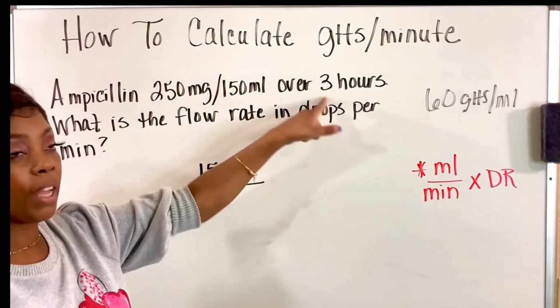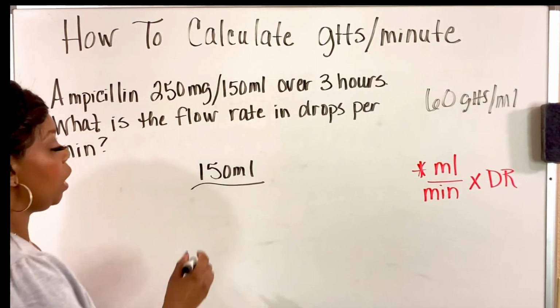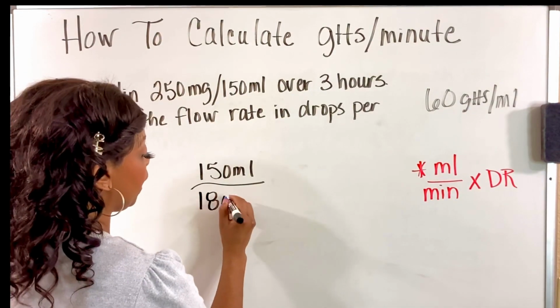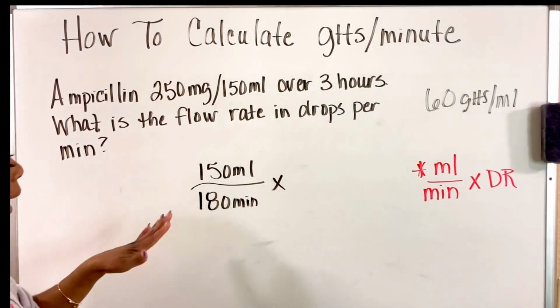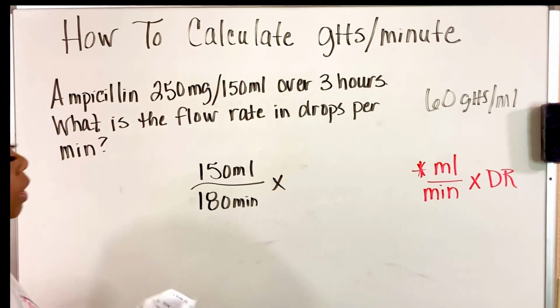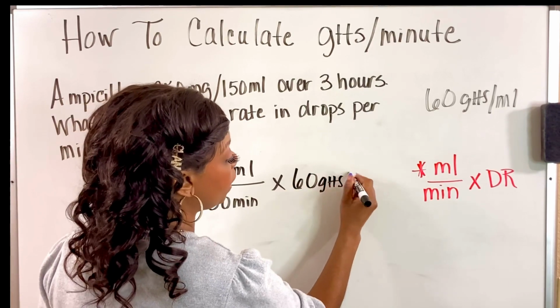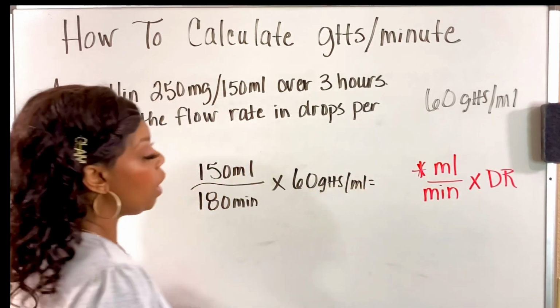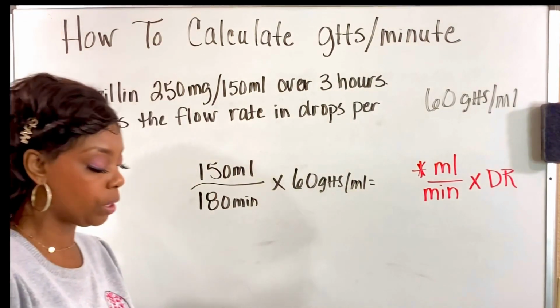We have 3 hours here, so we need to turn that into minutes, and that's going to give us 180 minutes. What are we multiplying by, since we do not have a drop rate? We're going to multiply this by 60 because we're going to use the 60 drops per milliliter as our drop rate. All right, so now let's find out how many drops per minute this patient is going to receive.